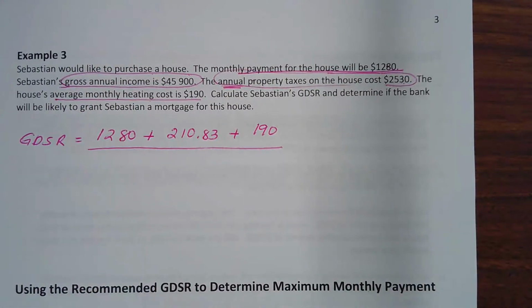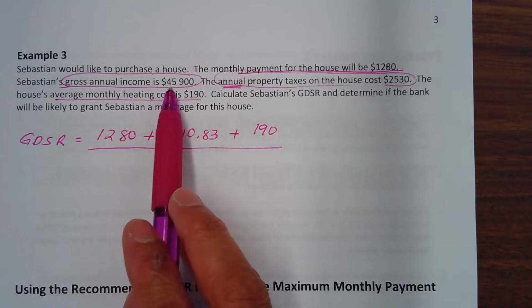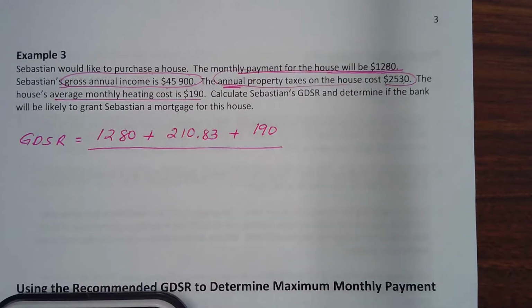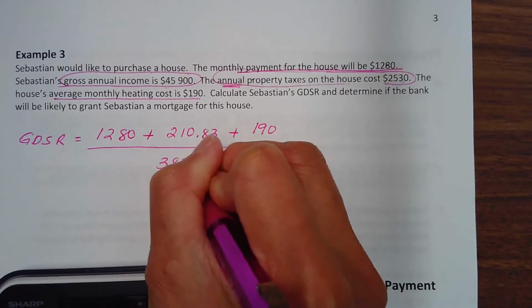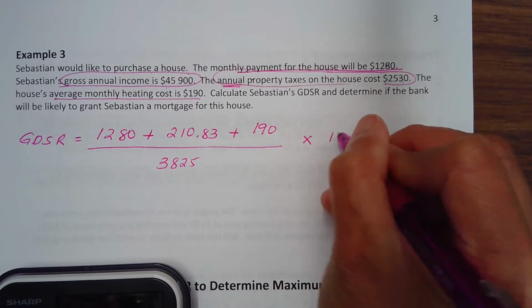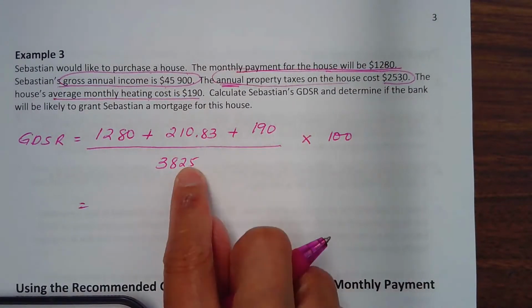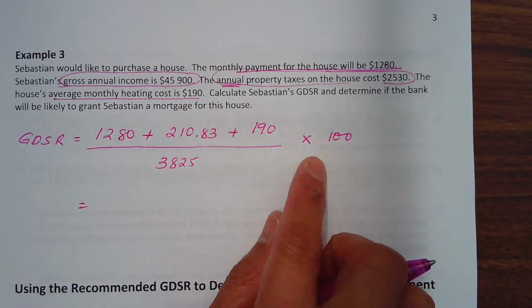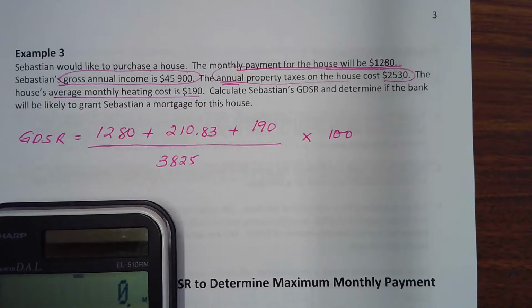Divided by monthly gross income. But this gross income is annual, so we have to divide this by 12 as well. So 3,825. All of that, after we figure that out, divided by 3,825 times 100. Let's do that. Go ahead and figure that out.